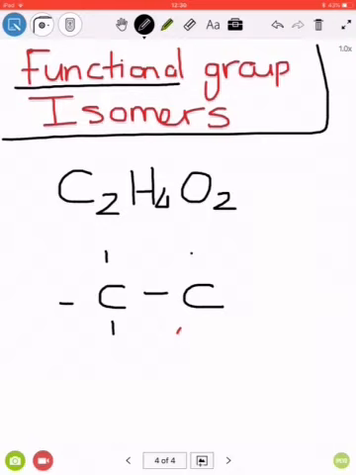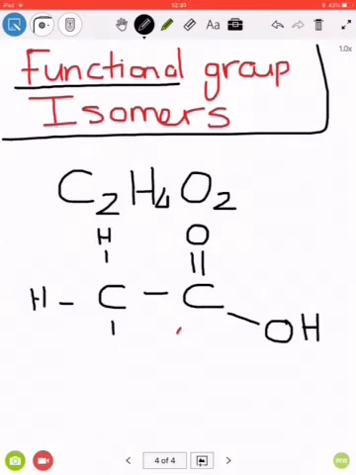But then for a carboxylic acid, I will have a double bonded O, and then remember it ends in an OH. So I have my 2 oxygens and my 4 hydrogens. This will be the carboxylic acid. There are 2 carbons, so it will just be ethanoic acid.